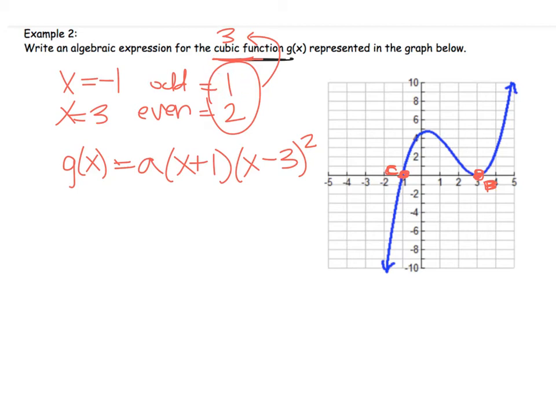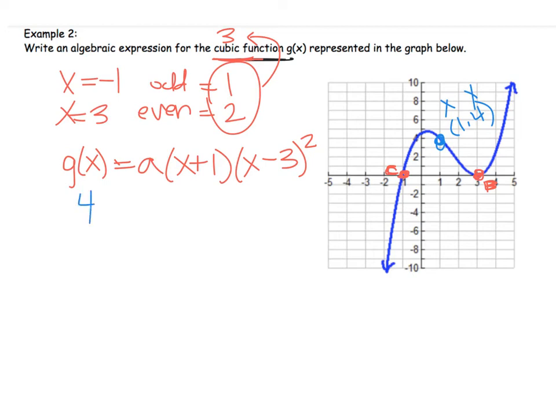The next thing I need to do is find a good point on my graph, and the only really good one I see here is 1, 4, to plug in to find my a value. So I'm going to plug in x is 1 and g of x, or y, is 4.